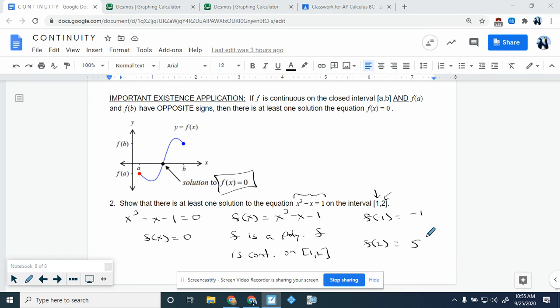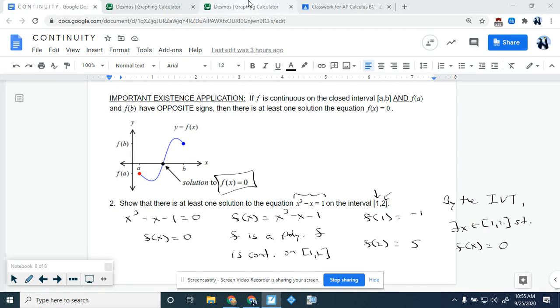Well, what's in between negative 1 and 5 that we care about? 0, right? So by the intermediate value theorem, there's got to exist an x on this interval, (1, 2), at least one x, such that f of x equals 0. So there's got to be at least one spot.